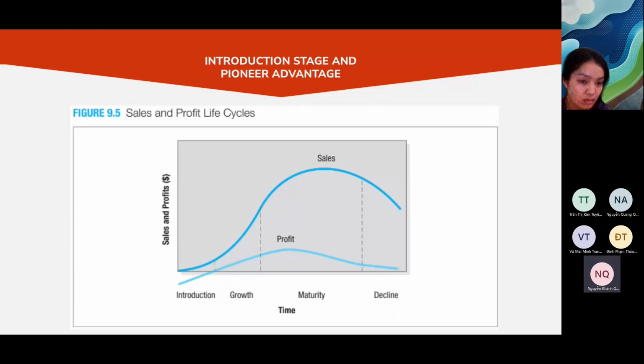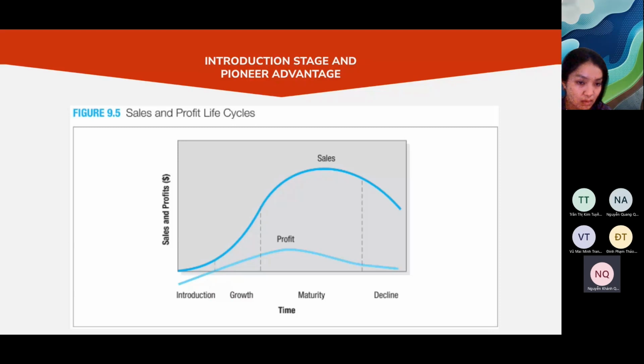Growth is a period of rapid market acceptance and substantial profit improvement. In the maturity period, sales grow slowly because the product has achieved acceptance by most potential buyers, and profits stabilize or decline because of increased competition. In the decline period, sales drift downward and profits erode.